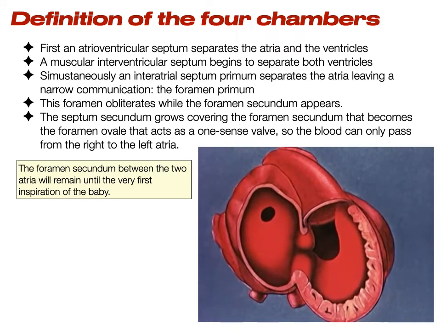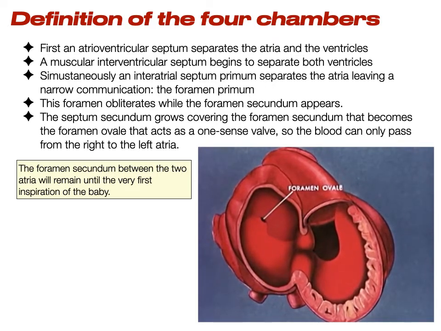And the last thing is that septum secundum grows and is going to cover the foramen secundum that becomes the foramen ovale, that acts as one-way valve. So the blood can only pass from the right atria that we are seeing now to the left atria that is behind the foramen ovale.